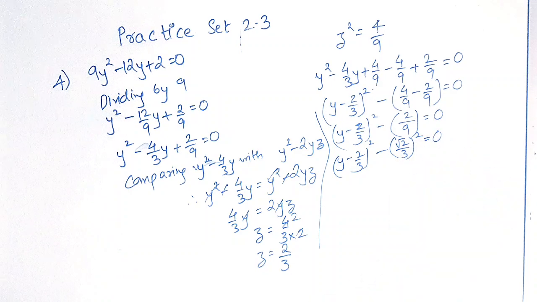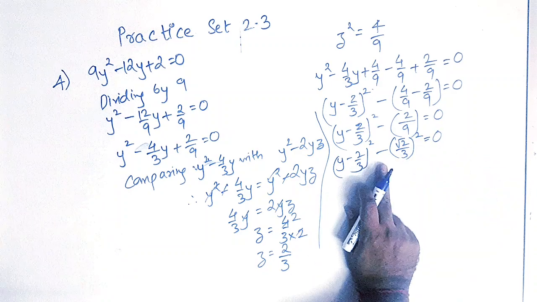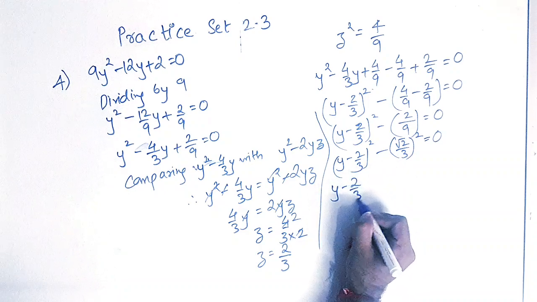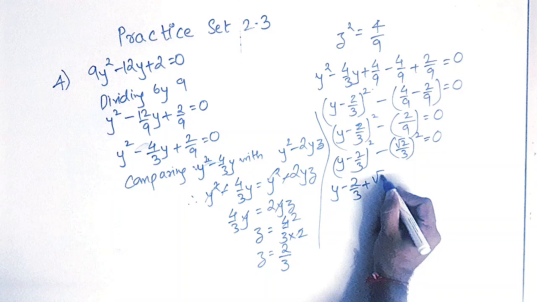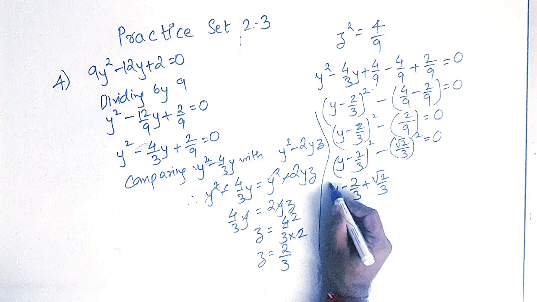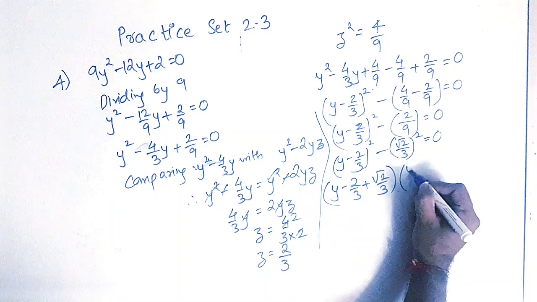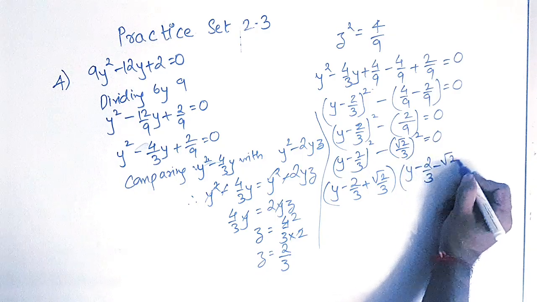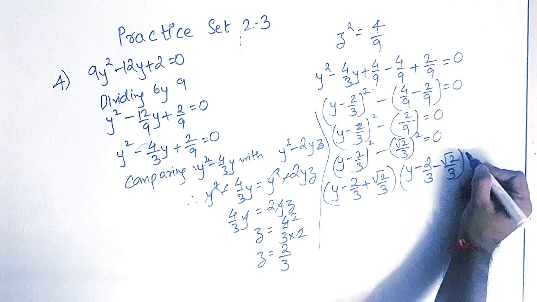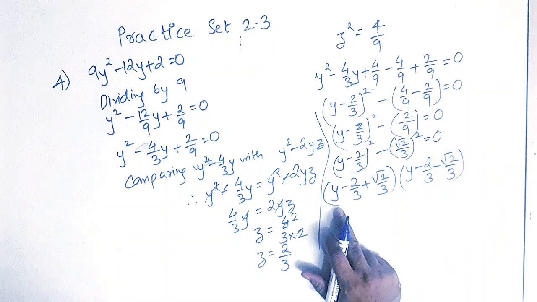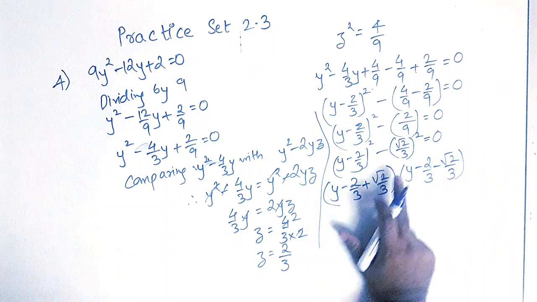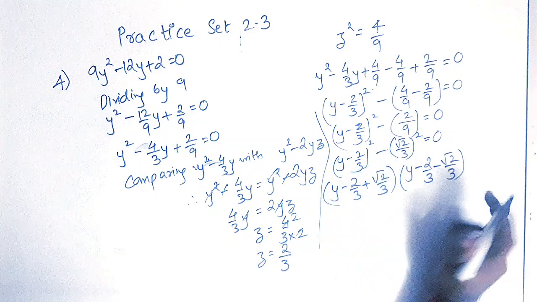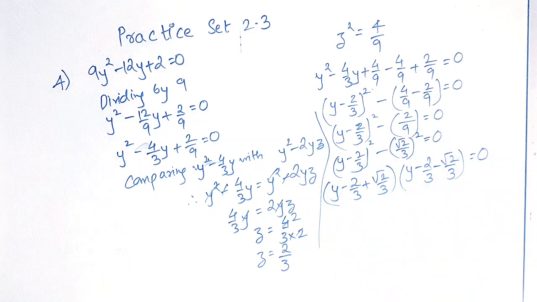So now this is a square minus b square, so we'll write a plus b and a minus b equals 0.